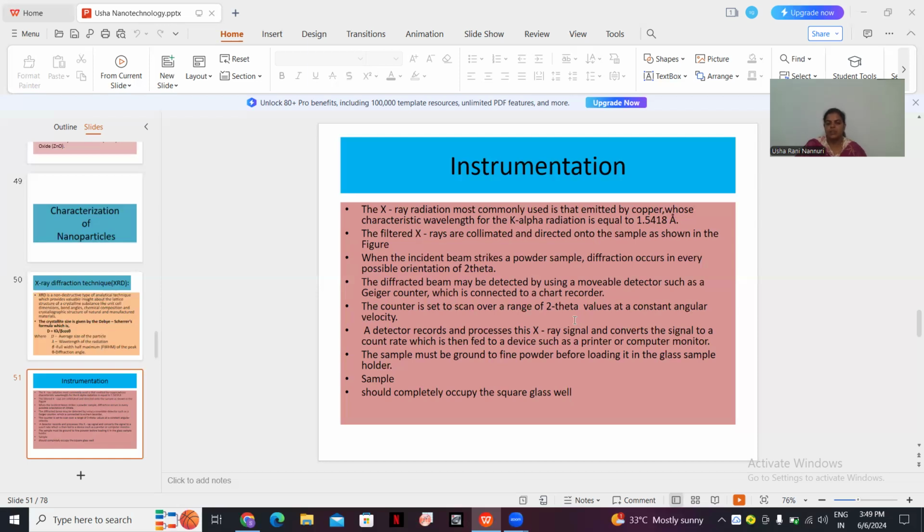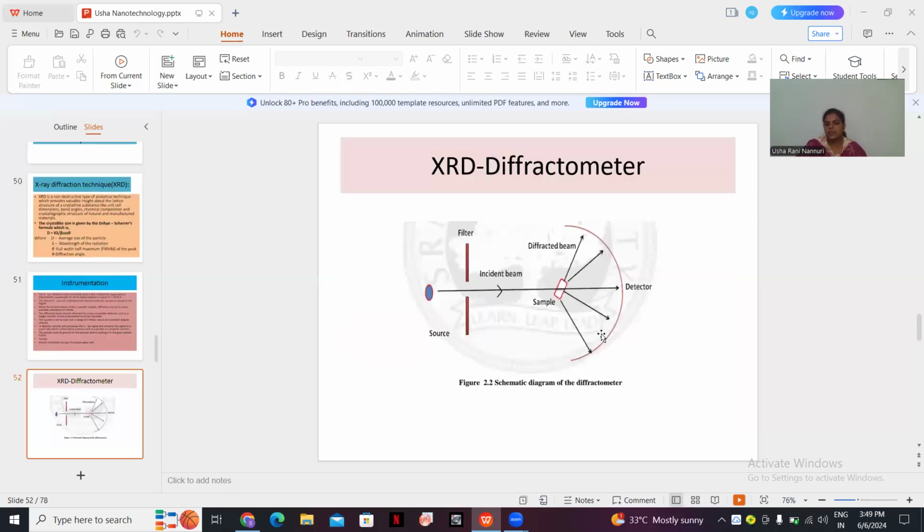The sample must be ground to a fine powder before loading into the glass sample holder. The sample should completely occupy the square glass well. This is the schematic diagram of the diffractometer. Here this is the source and the sample is placed. The light source is incident on the sample, and the diffracted beam is detected. Here a filter is also there.